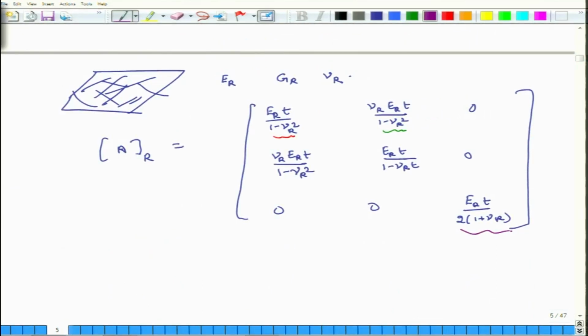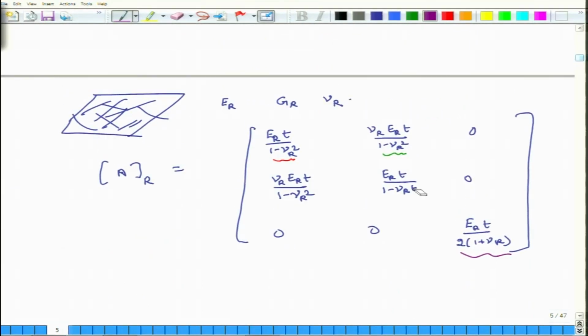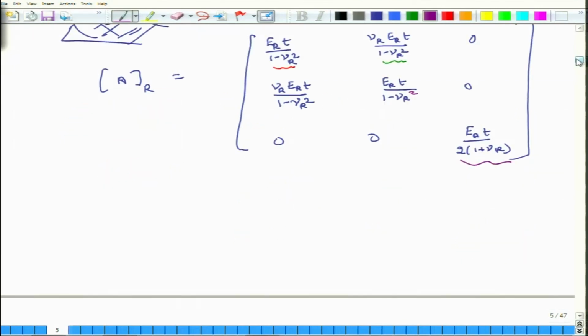So, by making these comparisons, I can say that ER is equal to A11 square minus A12 square divided by A11.